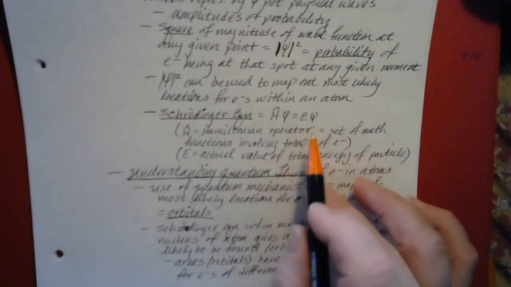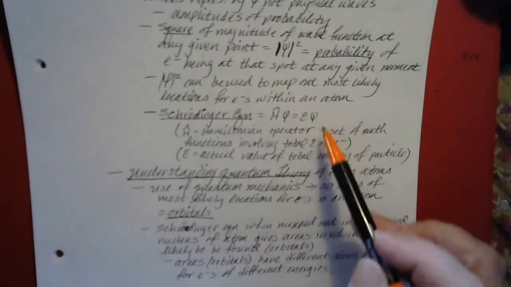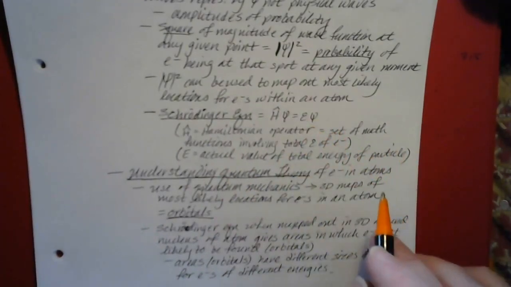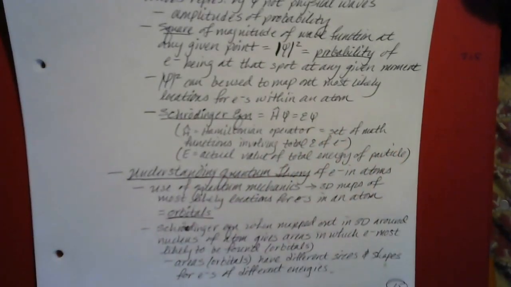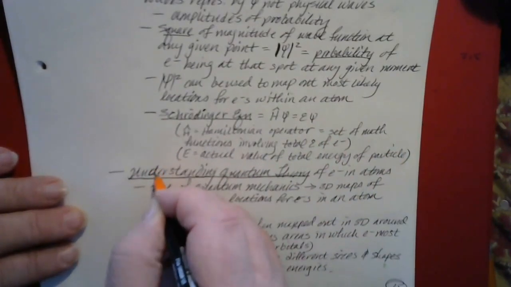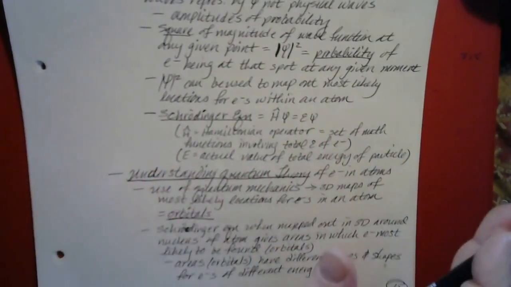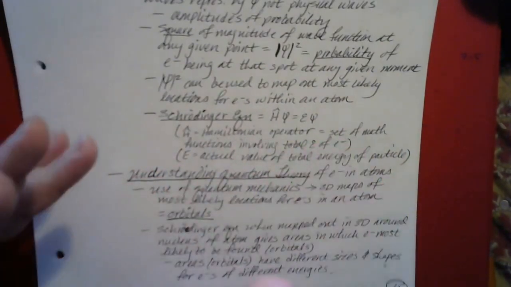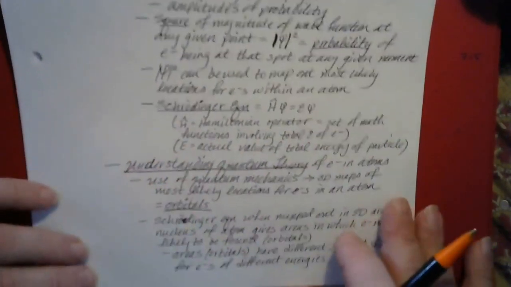And E stands for the actual value of the total energy of the electron. Okay, and so when they work all that out, you don't really have to know in detail what any of this stuff means, just that when they work all of this stuff out, it helps us devise where the electrons are likely to be around the nucleus of an atom and where they're not likely to be.